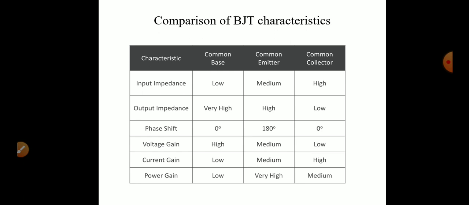These are the important parameter comparisons of common base, common emitter and common collector configurations. So in this video, we discussed the characteristics of common emitter configuration, common collector configuration, and then compared the common base, common emitter and common collector characteristics.